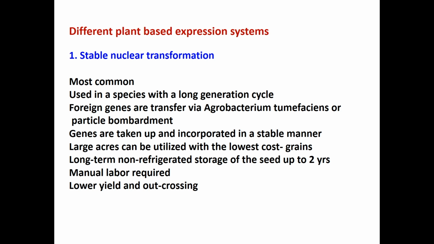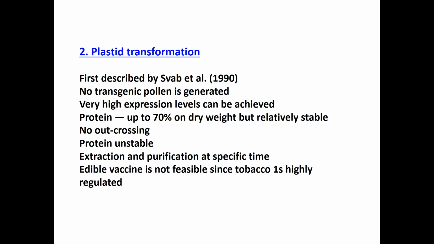Foreign genes are transferred either via Agrobacterium tumefaciens or particle bombardment, and genes are taken up and incorporated in a stable manner. Large acreage can be utilized with low-cost grains. Long-term non-refrigerated storage of the seed for up to 2 years is possible, and only manual labor is required. Some drawbacks are lower yield and outcrossing.